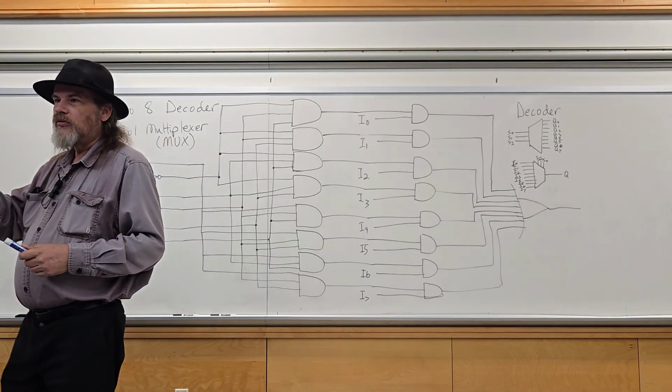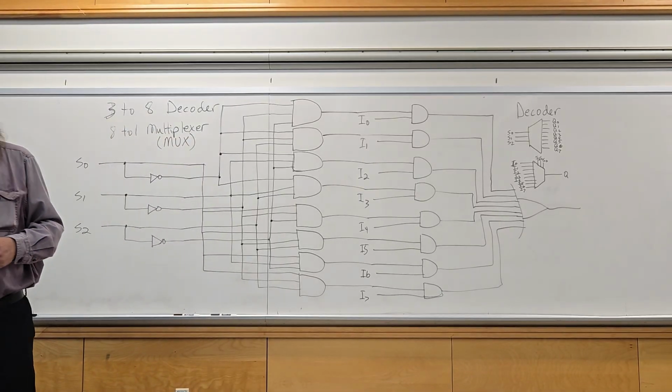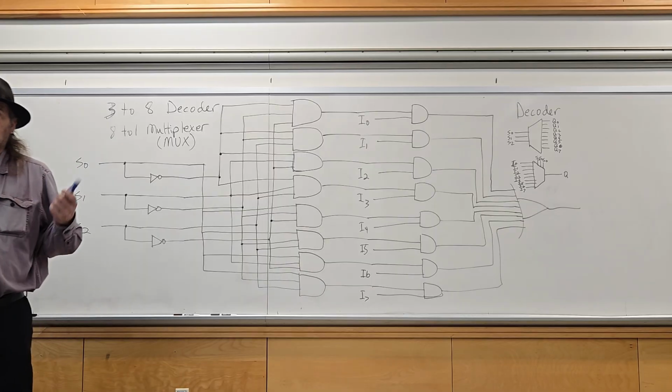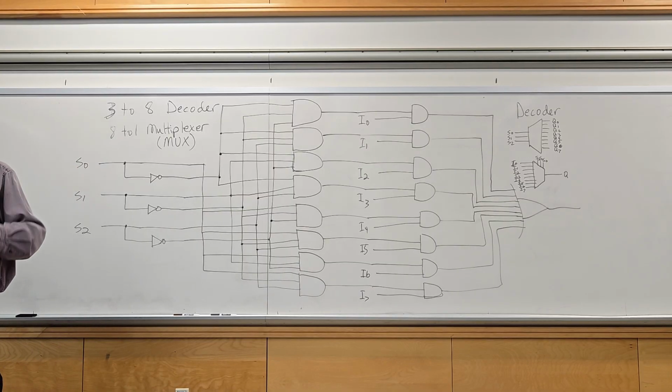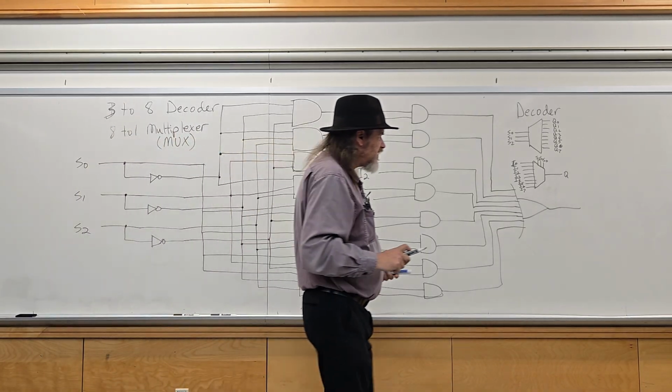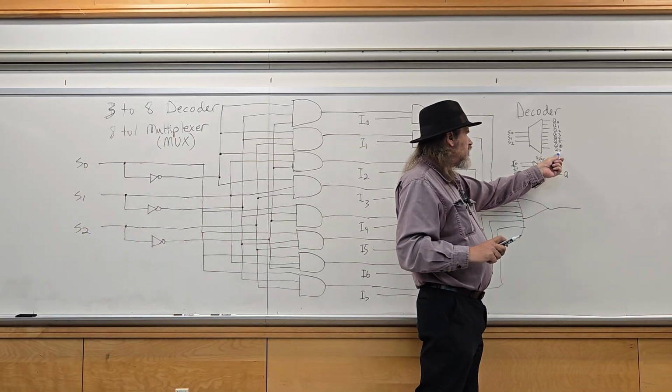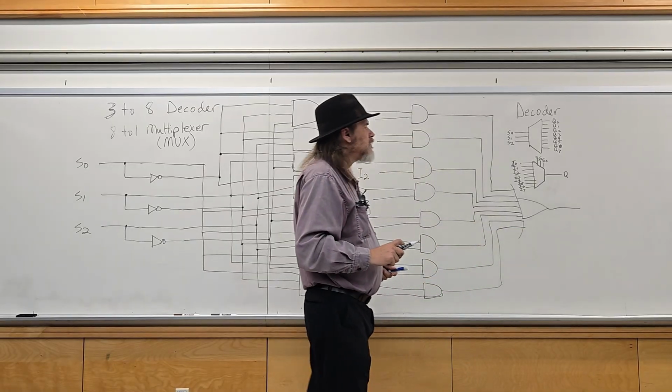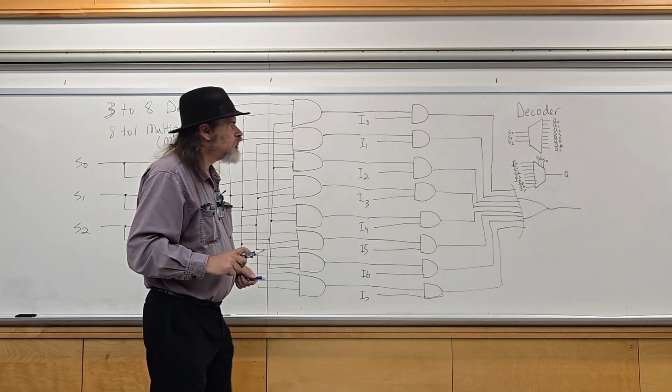Instead of using an O for output, which can be confused with the binary number 0, they use the Q, which looks like an O, but it's the output. So that's one thing that you might get used to seeing, is the Q used as the output.